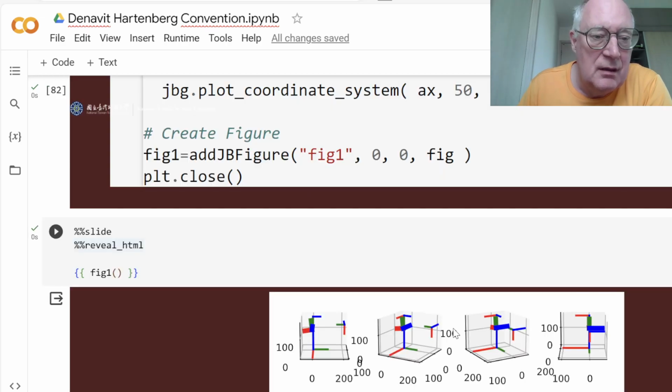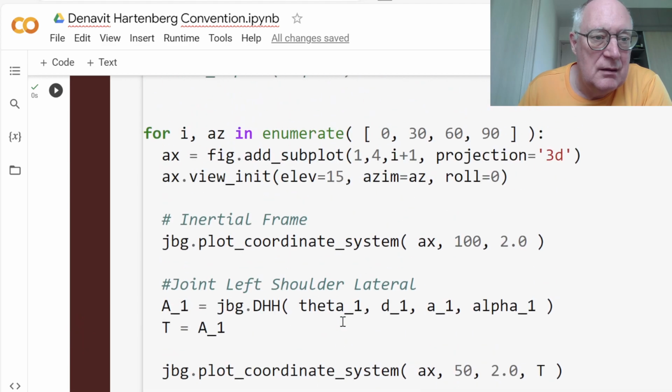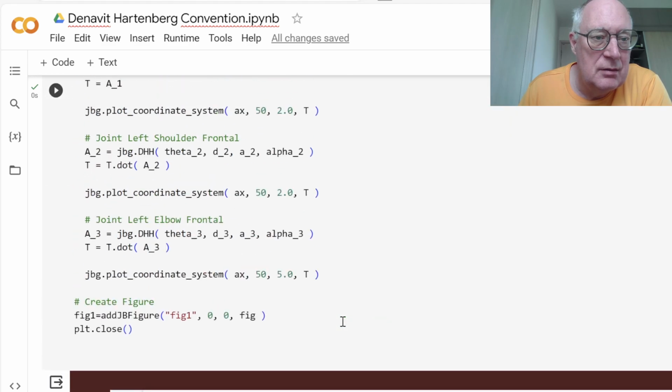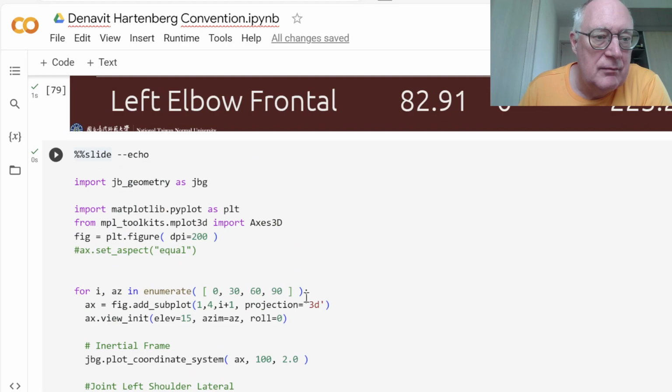Now they're very small. So yeah, this translates in the wrong direction.